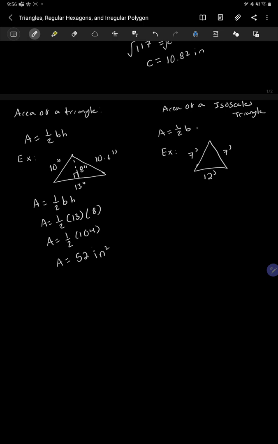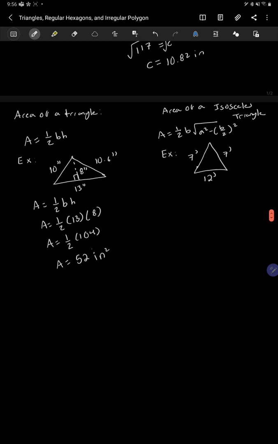Area equals 1/2 base times the square root of a squared minus b over 2 squared. So in this example, what do we have? Area is equal to 1/2, the base is 12, times the square root of the sides.